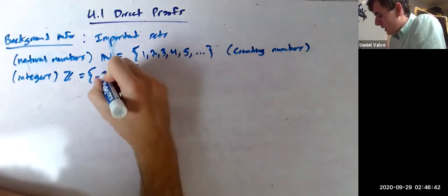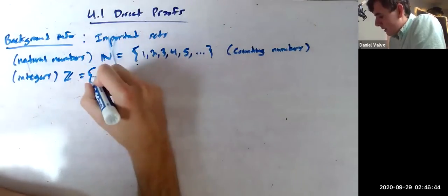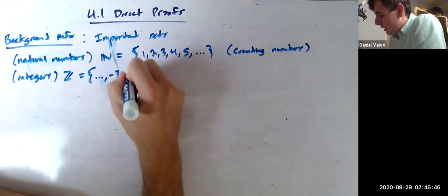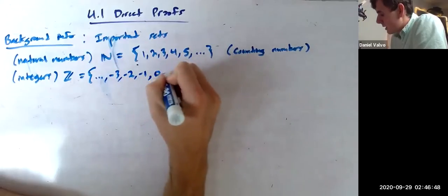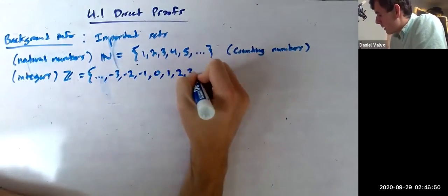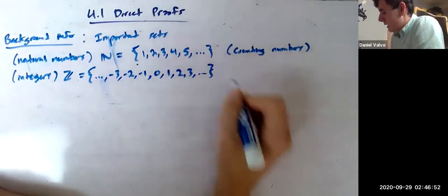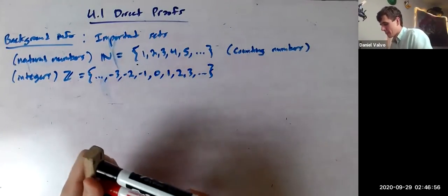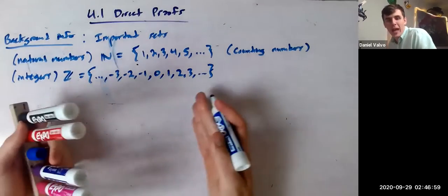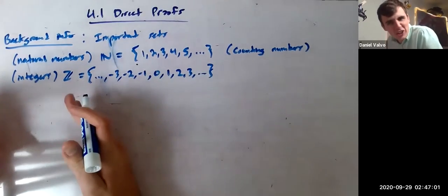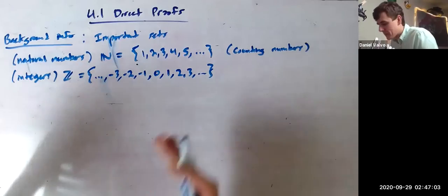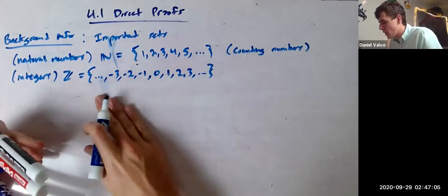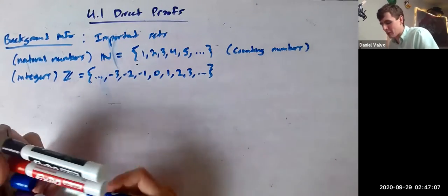And so that could be like -3, -2, -1, 0, 1, 2, 3. It goes on and on and on in that direction. So these are all the counting numbers and 0 and all the negative counting numbers, right? And we should all kind of have a grasp what the integers mean and what they are.